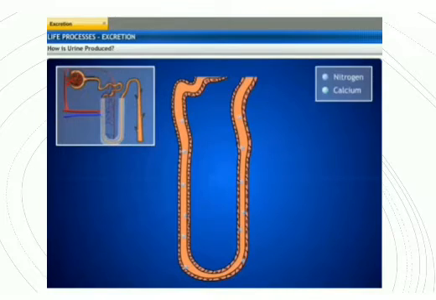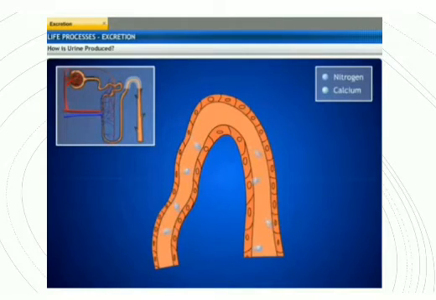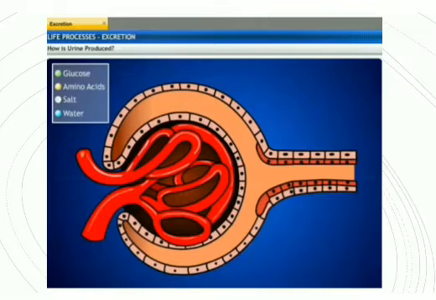Further absorption of nitrogen compounds takes place through the hairpin loop and the distal convoluted tubule. Further substances not required by the body may be secreted into the filtrate by cells of the nephron before it leaves the kidney.